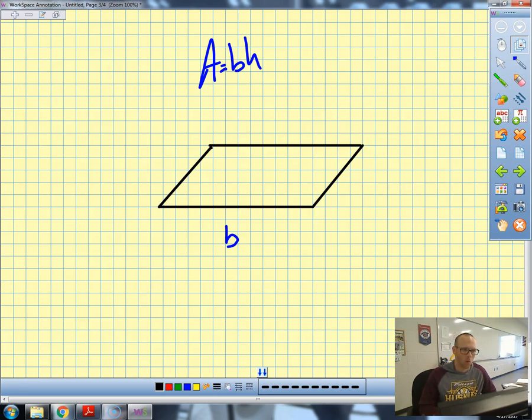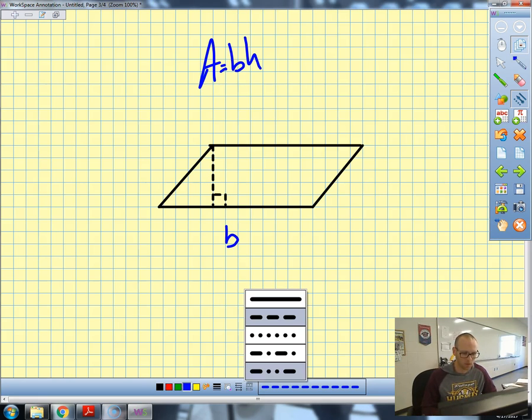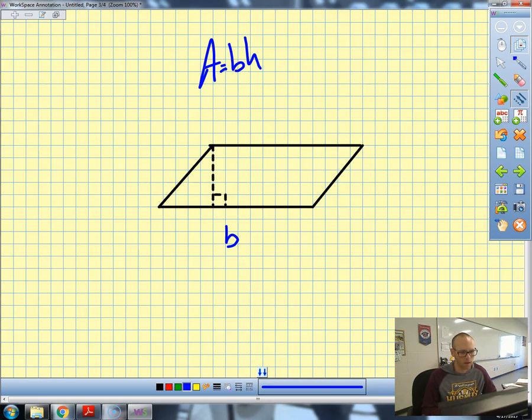So, why can we just take the length of the base times the height to find the area of a parallelogram? Why does this work? Well, one thing I could consider doing is taking my parallelogram, chopping off this triangle, and simply sliding it over here.